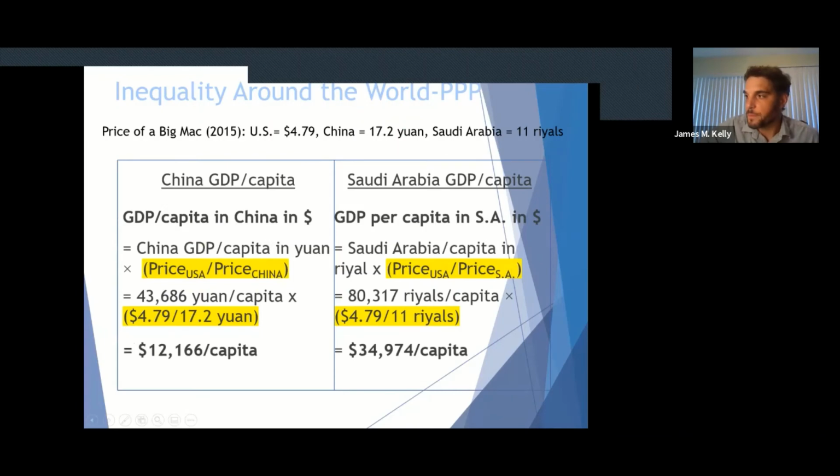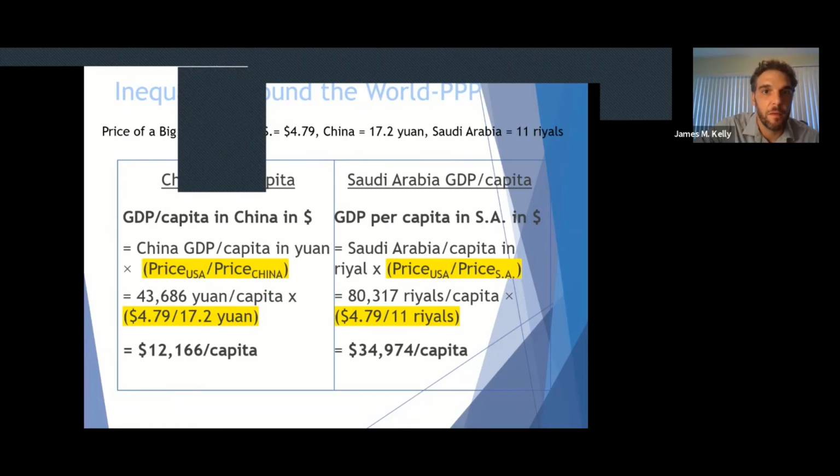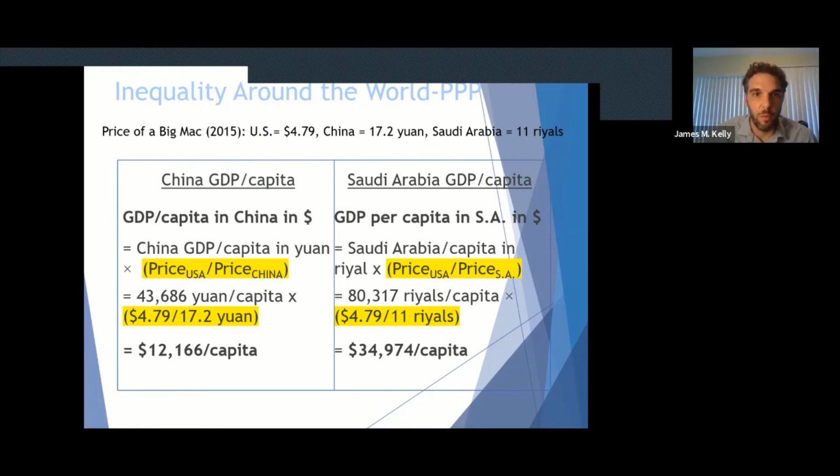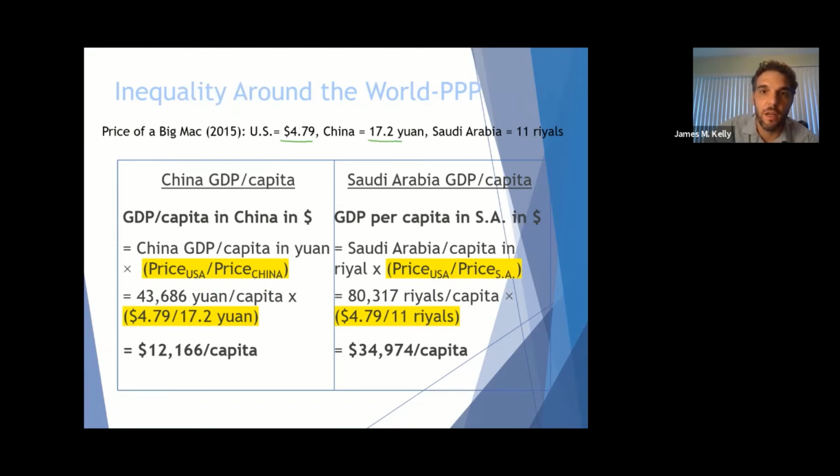Well, in the U.S. in 2015, the price of a Big Mac was $4.79. In China, it was 17.2 yen, and in Saudi Arabia, it was 11 rials.